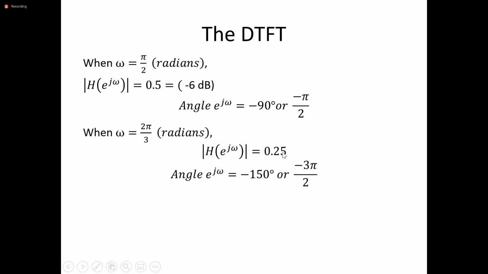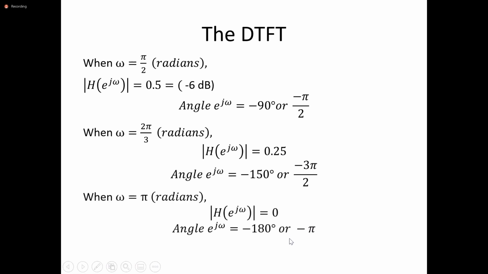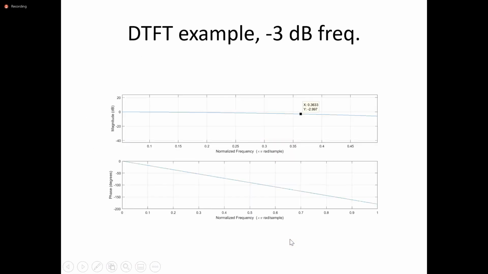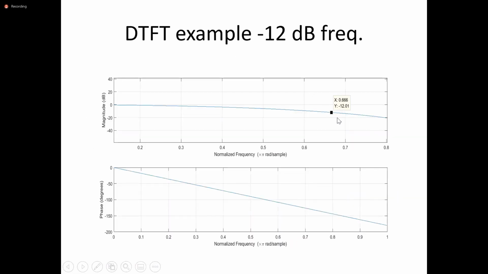And that is the minus 12 dB point here. So I just did it here to show that it's 0.6667, or 2/3 pi. Notice that this is normalized to pi radians per sample. So this means 2/3 pi.